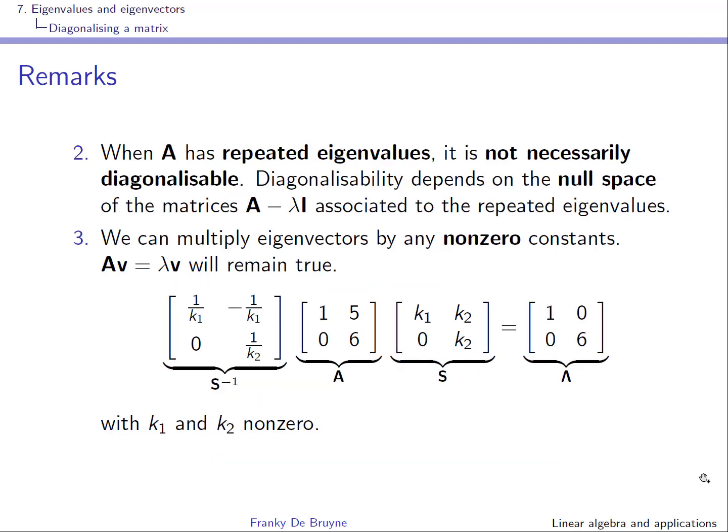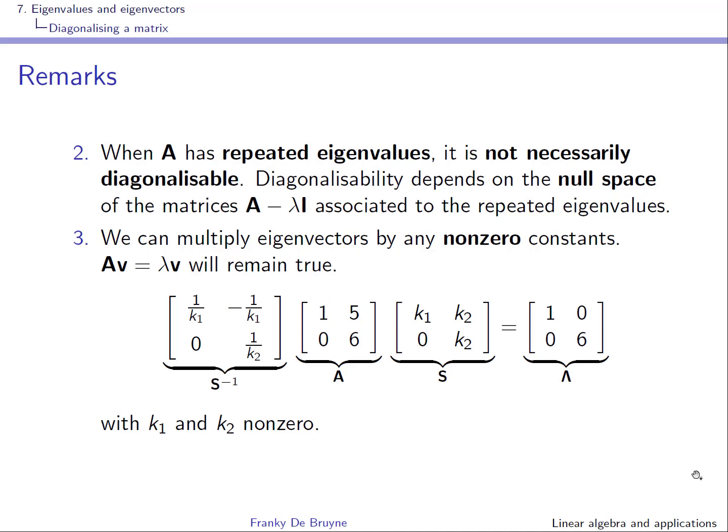When A has repeated eigenvalues, it is not necessarily diagonalizable. Diagonalisability depends on the null space of the matrices A minus lambda I associated to the repeated eigenvalues. So can you find an eigenvector for each of the eigenvalues?